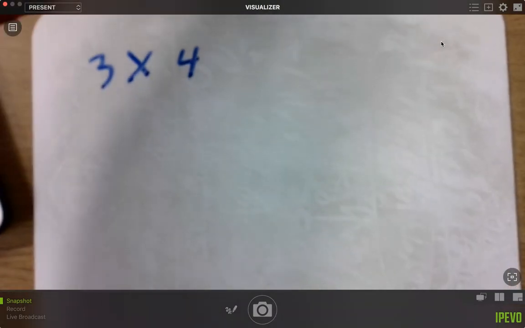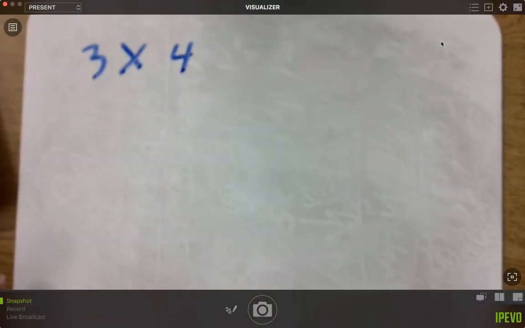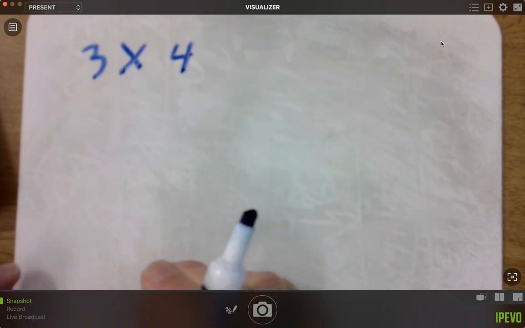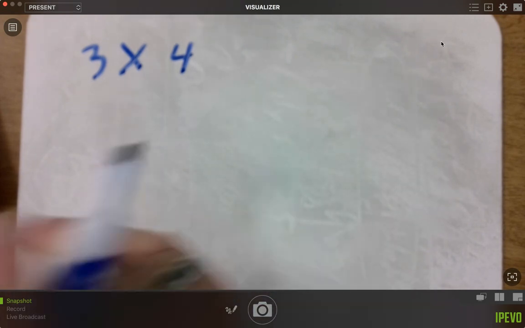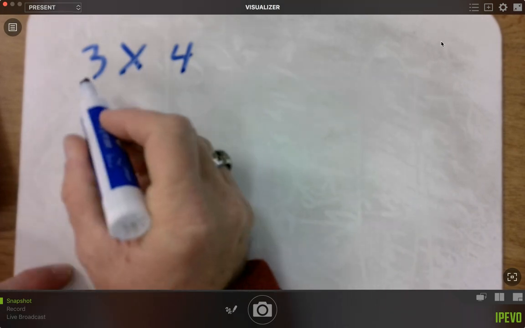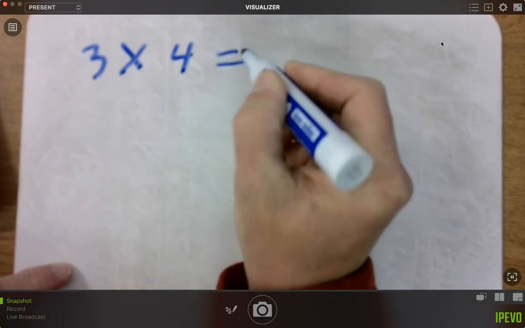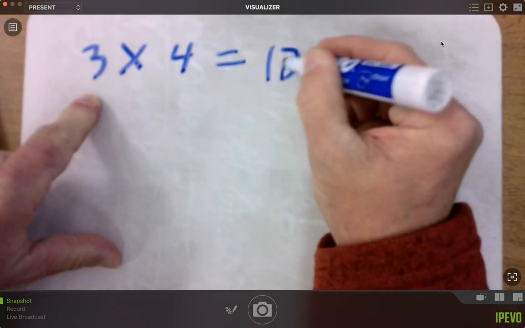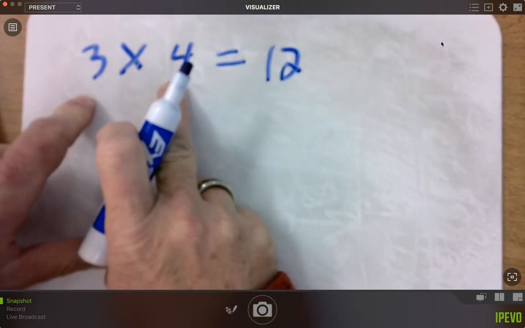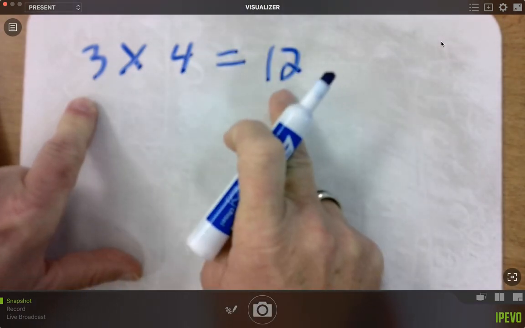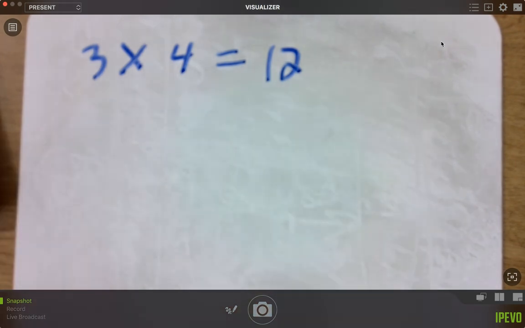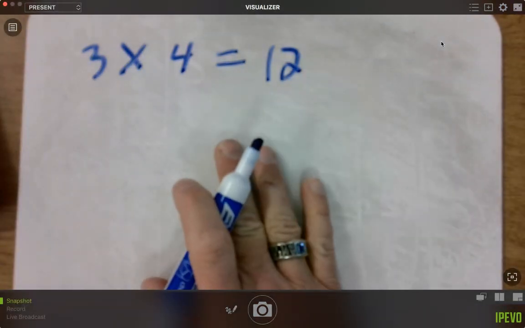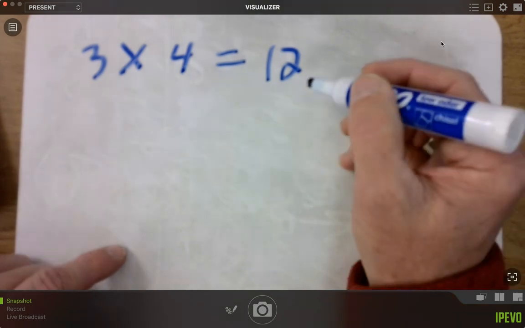Focus is a little off. I don't know why. I apologize. You know that 3 times 4 was 12. And because there were no signs, these were positive. And because you put no sign in your answer way back in elementary school, these were always positive. So that is the first case.